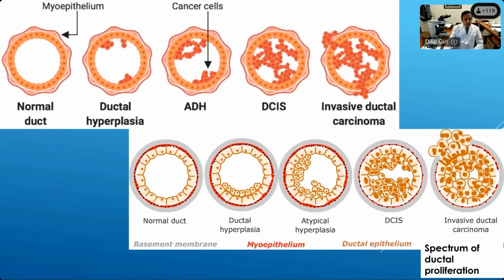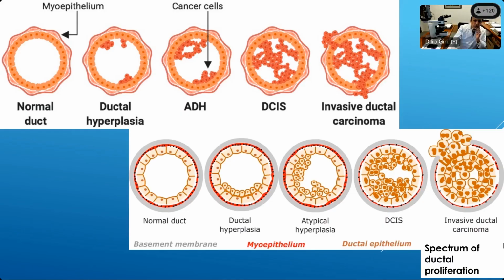And when the proliferation is benign, the cells will multi-layer and perhaps eventually fill up the duct, as we saw in our example of UDH. And a similar kind of process also happens in ADH and DCIS. But the difference, of course, is that the cells here are uniform and they tend to respect one another's boundaries.